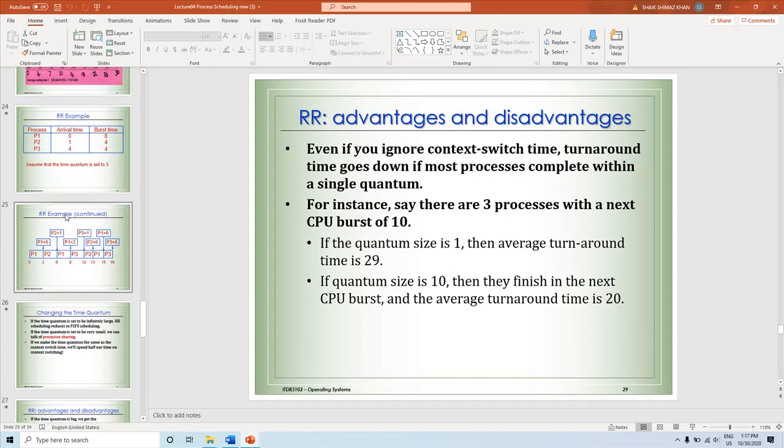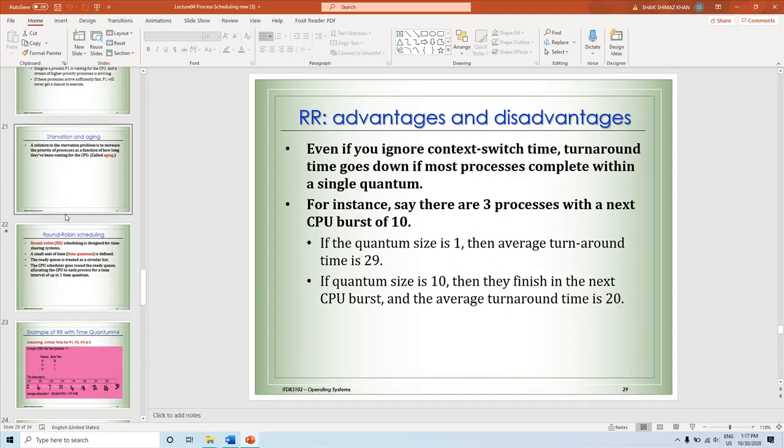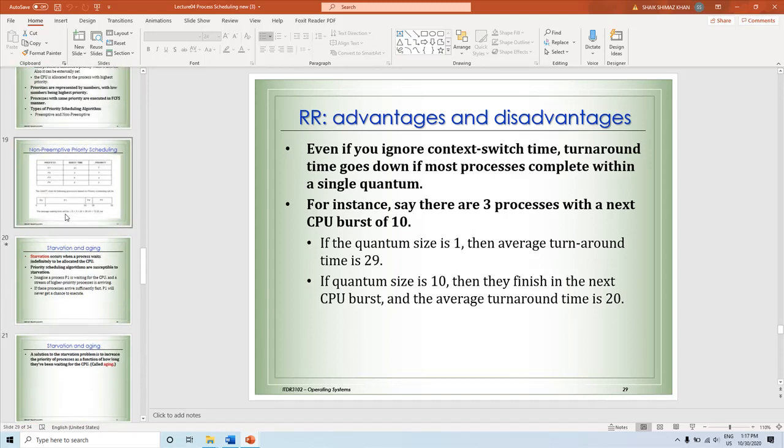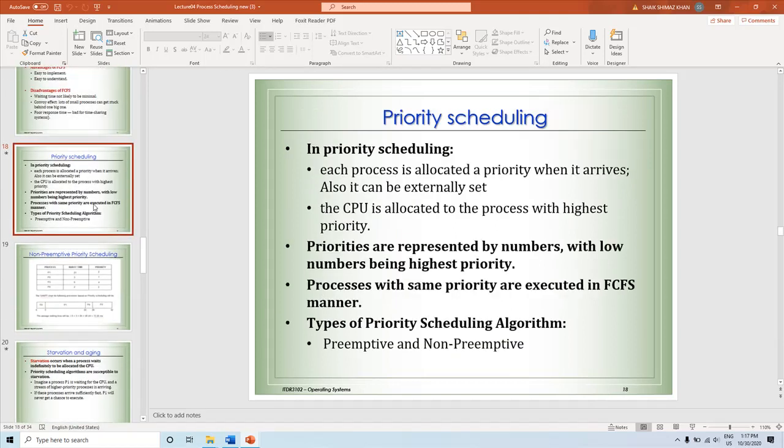We have discussed about the round robin. Now we shall move on to the priority scheduling. In priority scheduling, each and every process would be assigned a priority number. Each process is allocated a priority when it arrives. And also it can be explicitly adjusted.